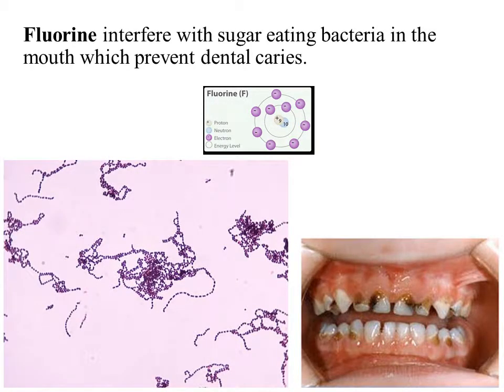The next halogen is fluorine. Fluorine interferes with sugar-eating bacteria like Streptococcus that is found in the mouth. So this halogen will help prevent dental caries.